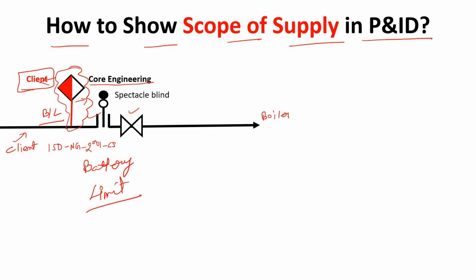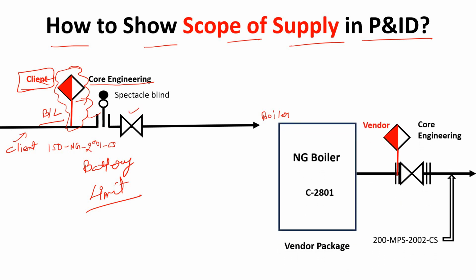But in another case, see here, this is your vendor package. This steam boiler, or this NG boiler, is your vendor package. So what we have done here is this will be within the vendor package, the vendor scope, and after that there will be one line, and this line will also be in the vendor package, but after this valve, the valve will be in the contractor scope, okay, and this is the pipeline number of this valve, okay.